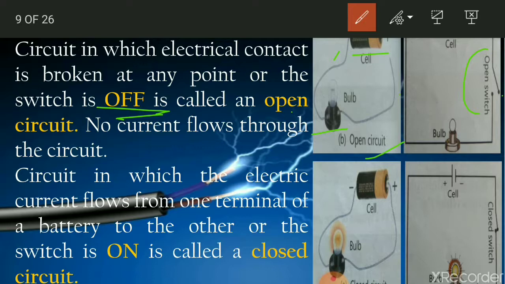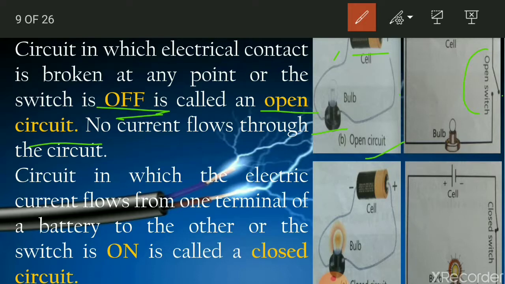So if in any circuit the electrical contact is broken at any point or the switch is in off condition, then the circuit is called an open circuit. Why? Because the circuit is incomplete. If the pathway is incomplete or broken, then current cannot flow, and this type of circuit is called an open circuit.